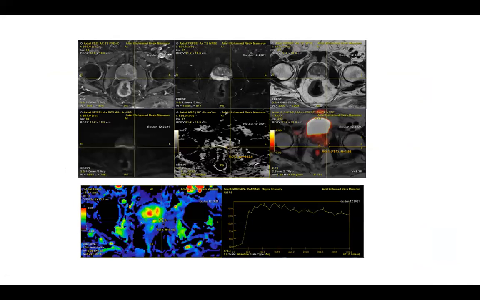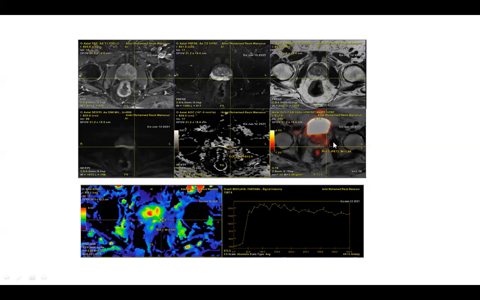But also what was surprising in this case is that we found a lesion in the peripheral zone of the prostate, acquiring low signal on the T2 weighted images with diffusion restriction on the corresponding diffusion weighted images, showing a relatively hyperperfused state and relative FDG uptake.